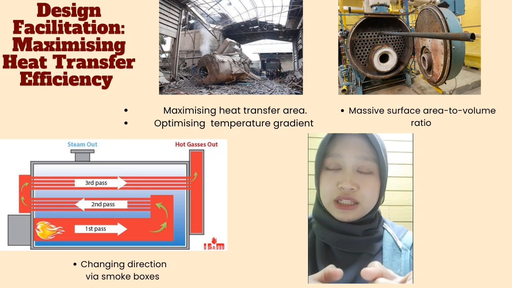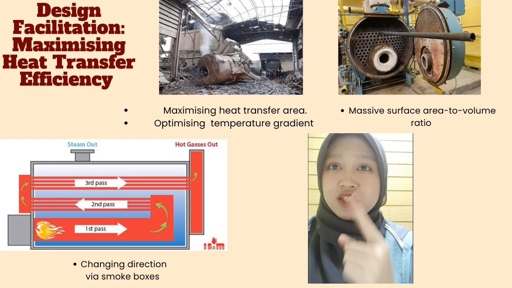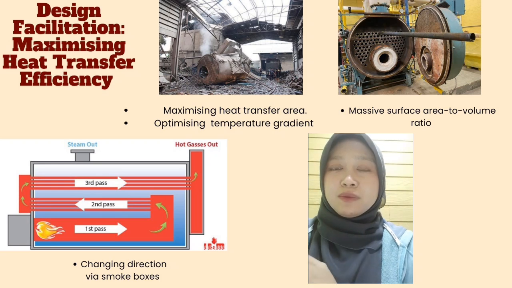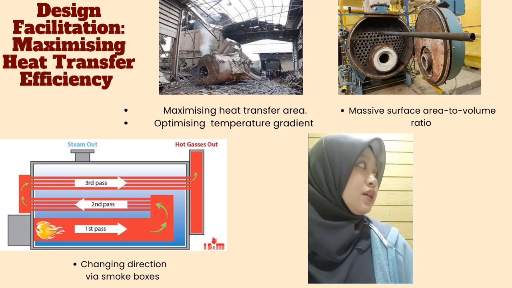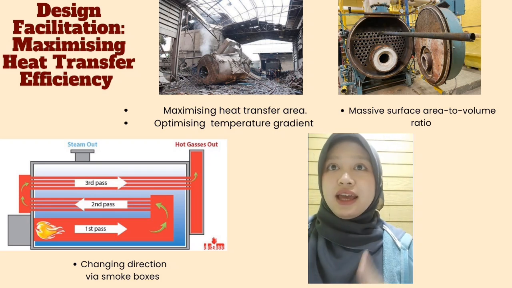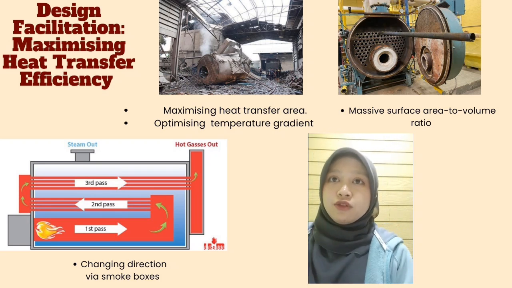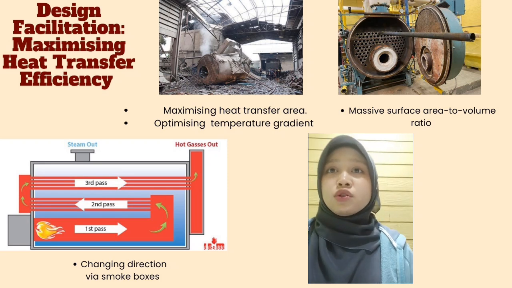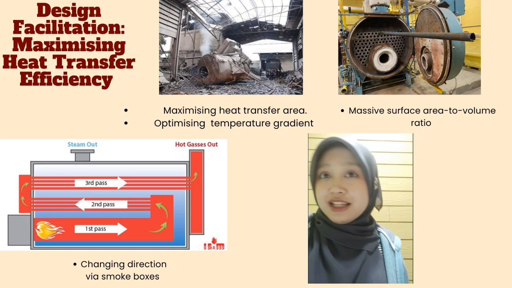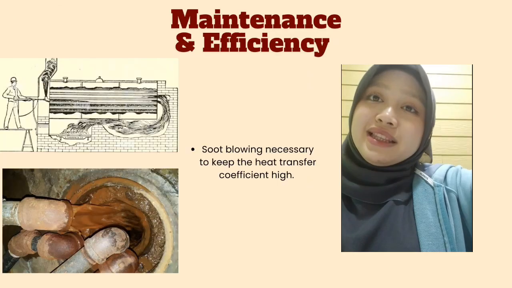Effective natural water circulation within the shell is essential to prevent the formation of a static thin film boundary layer on the outer tube surface, which acts as an insulator and severely impedes heat flow. Proper water treatment is also vital to prevent scale, which acts as another layer of insulation.